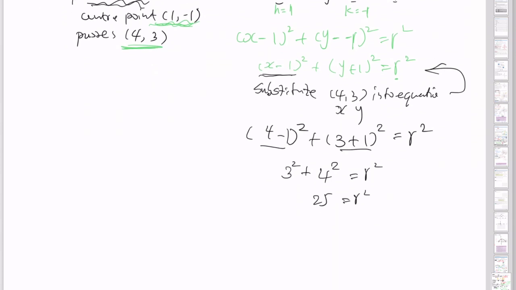And then we know r will be equal to 5. So therefore my equation will be x minus 1 to the power of 2 plus y plus 1 squared equal to 5 squared.